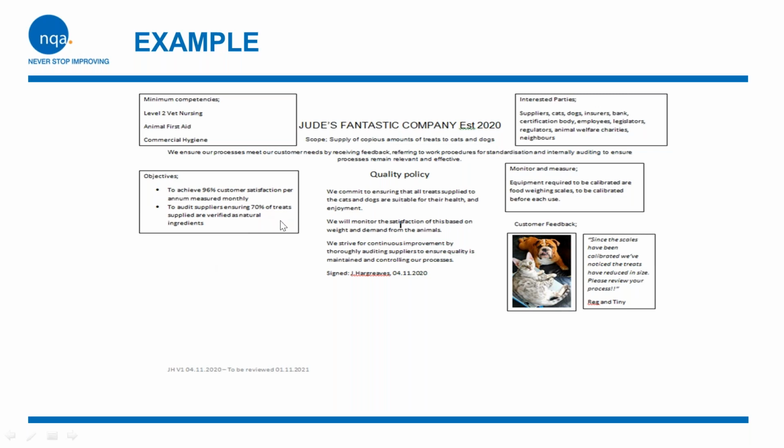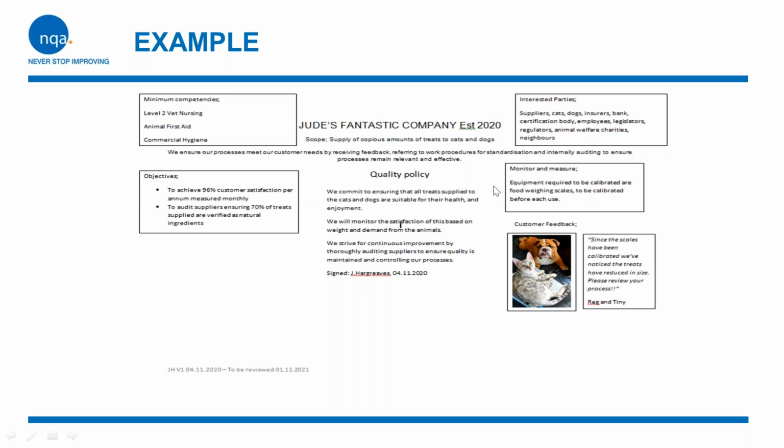The next objective, which again ties into my policy directly, is to audit suppliers, ensuring 70% of treats supplied are verified as natural ingredients. So it's perfectly easy for anybody to see whether I've achieved those objectives or whether I haven't. And then probably next year, or halfway through the year, I'd assess whether I need to change them?